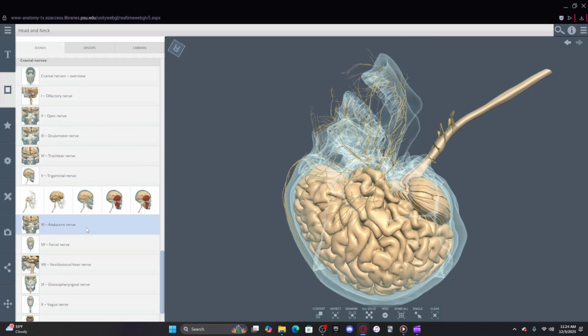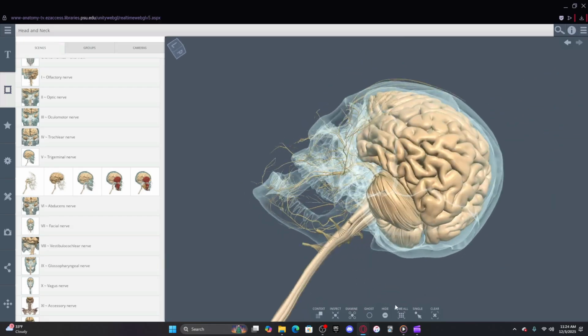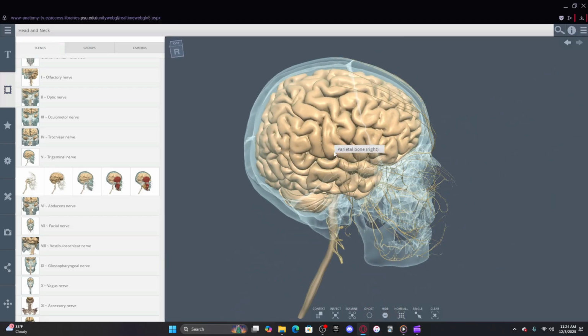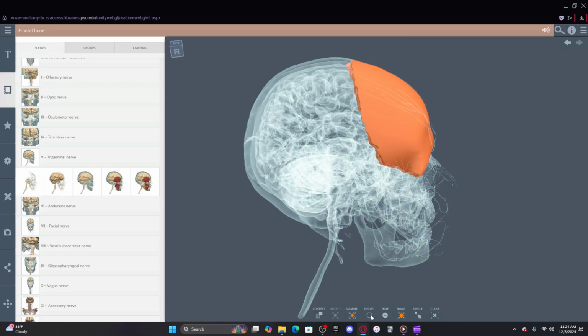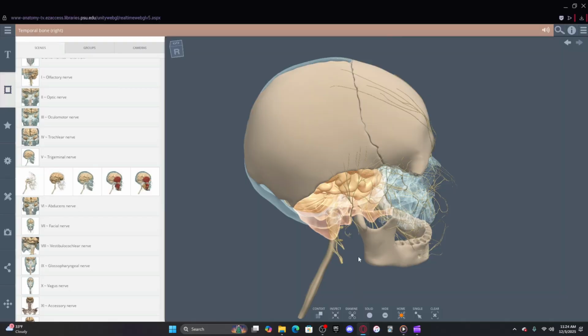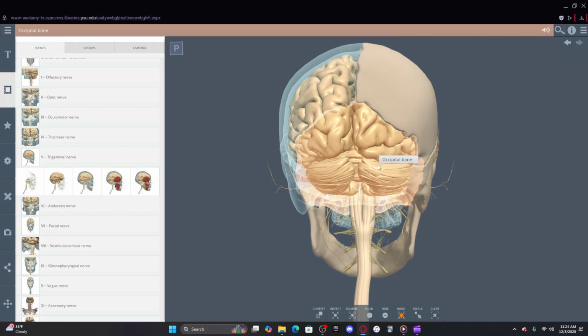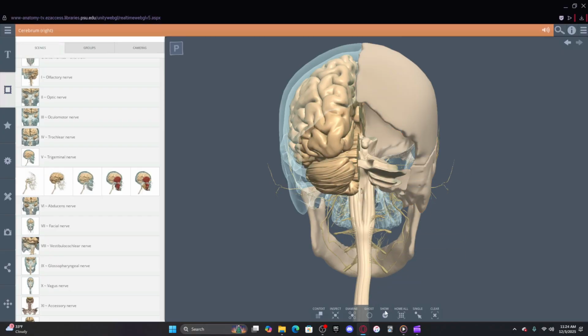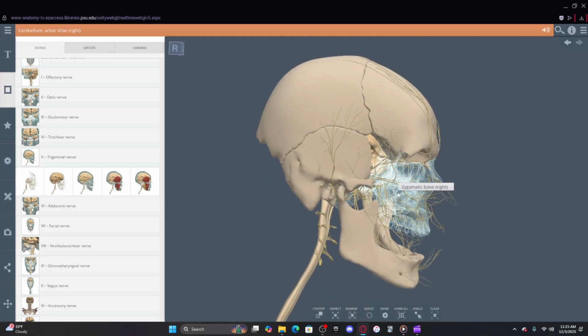Let me just fix this because it's very sensitive. There we go. Let me remove this, remove this. I'm actually going to remove parts of the temporal lobe.